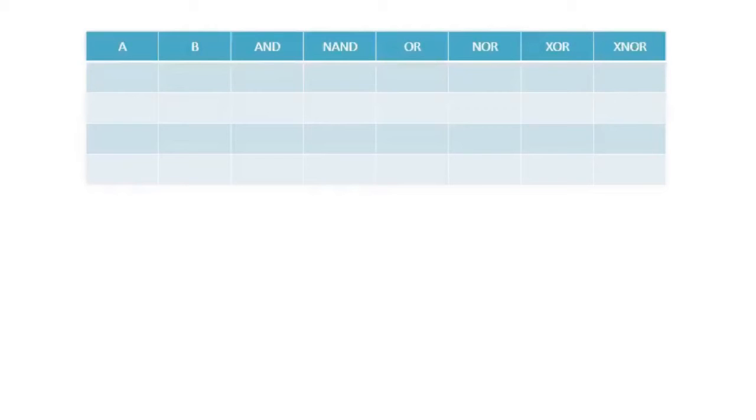All right, so now that we've tackled the NOT gate, we'll tackle the AND gate and the OR gate, as well as their negations, NAND and NOR. And then the last ones we'll look at are the XOR and the XNOR, which are a little bit different. So for inputs A and B, I have 2 to the power of 2, or 4 possibilities. So I'll write half of my options for A as zeros and the other half as 1.